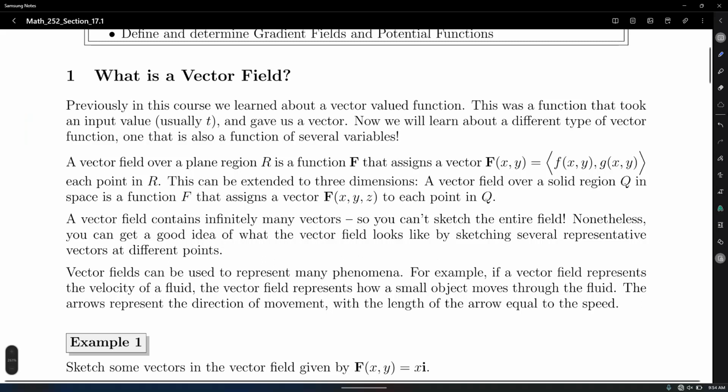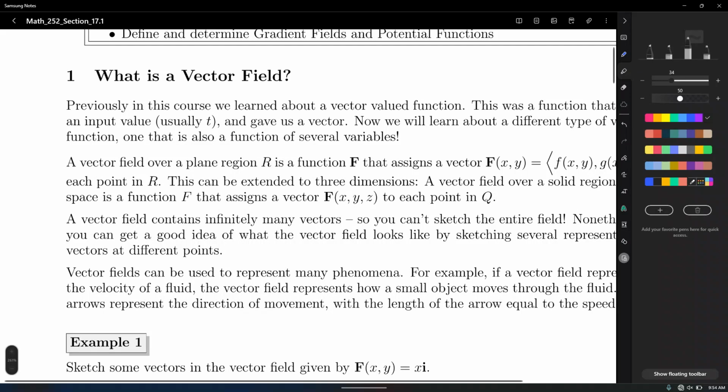Now, these vector fields are going to be functions of 2 or 3 variables, but what are they? In this case, they're going to be x and y. The components of these vector fields are no longer going to be x of t, y of t, and z of t.